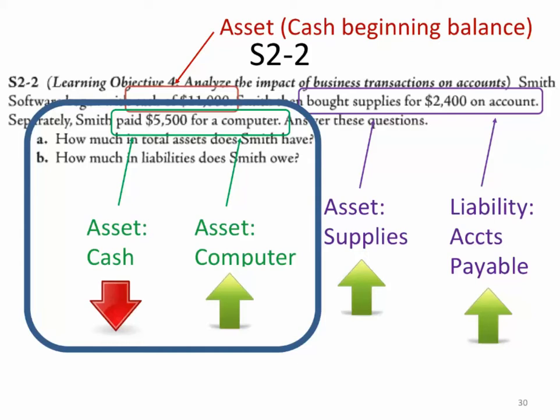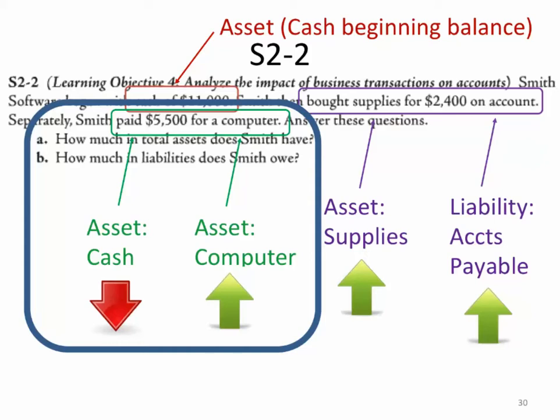So we have gone through all the information given to us. We had a beginning balance, and we had two transactions. Now the question is how much in total assets does Smith have? We had the beginning cash, I think 11,000. We have supplies, a $2,400 increase.